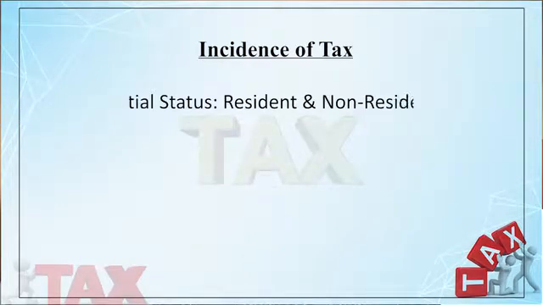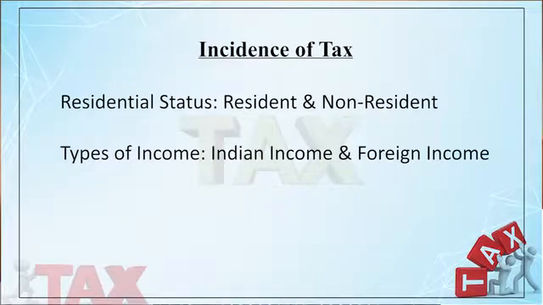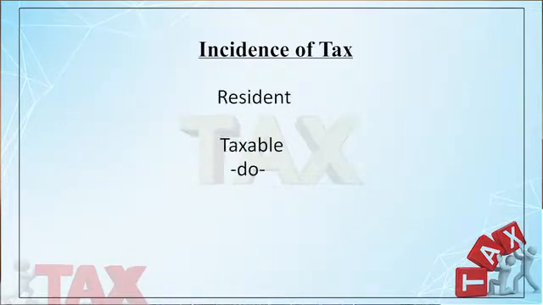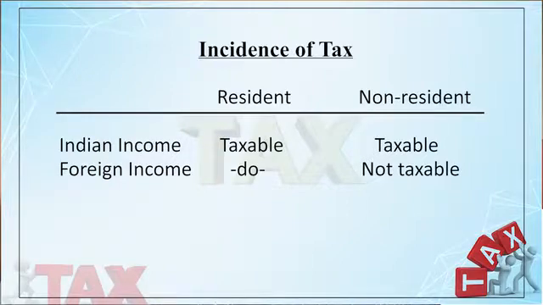Now, we are going to relate these concepts. Here you can see we have prepared a chart of resident and non-resident, and Indian income and foreign income. We have already come across these concepts.